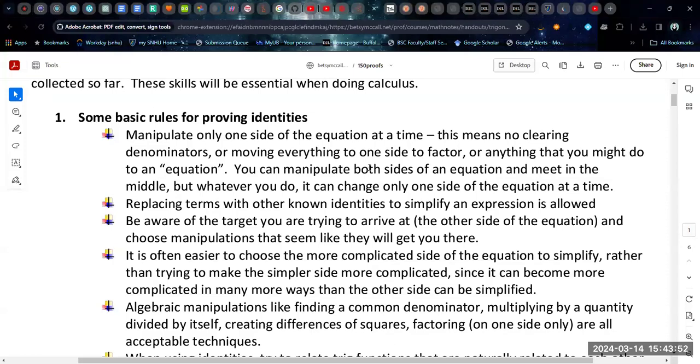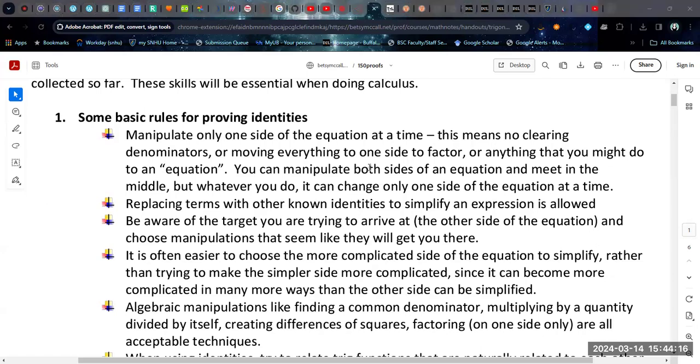Now, you can manipulate one side by itself and then manipulate the other side by itself and then sort of meet in the middle so that you have algebraic expressions that are equivalent. If you think about going down two columns and you meet at the bottom in the middle where they're the same, you could go down one column and back up the other column in order to get back to the original expression.